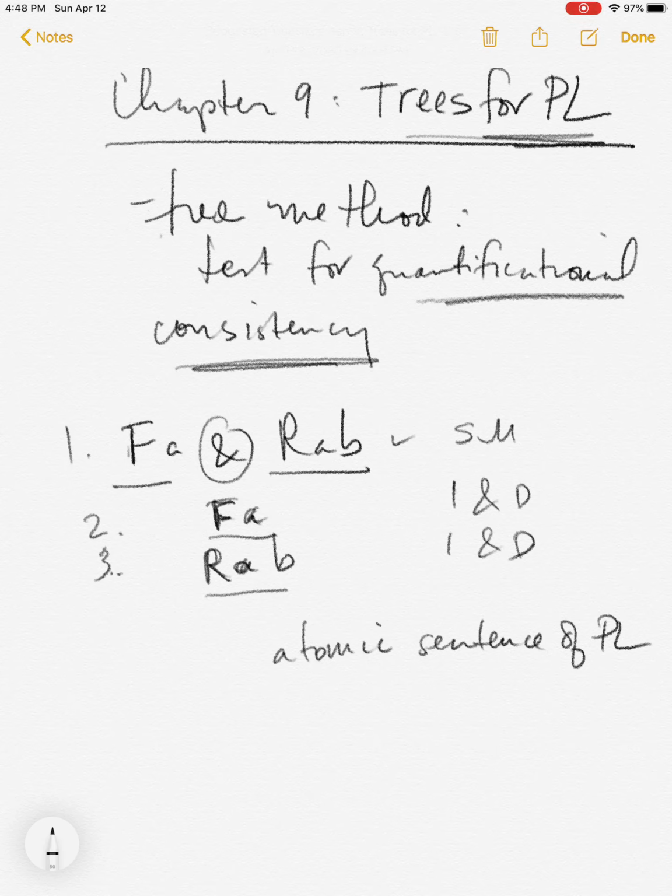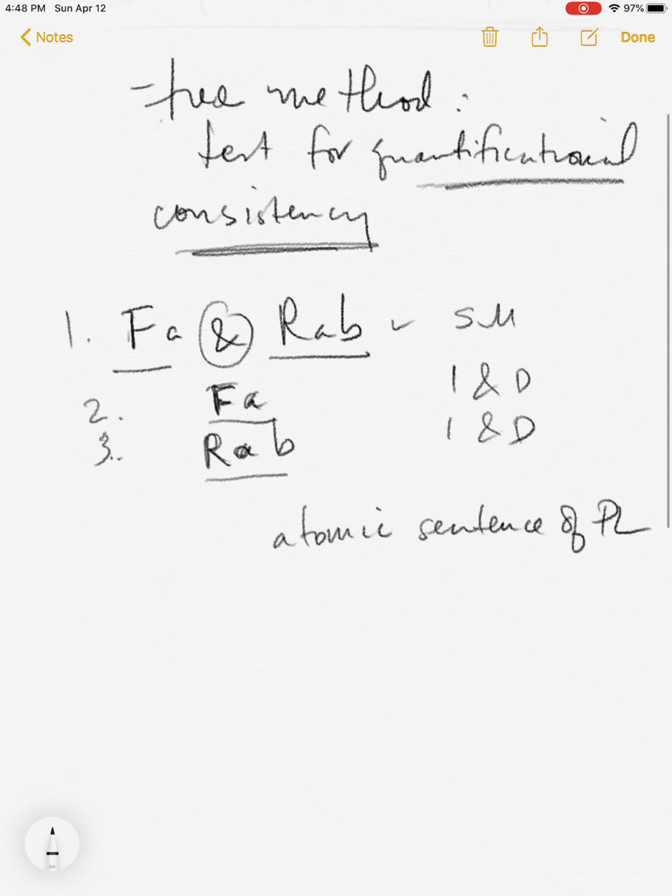Okay, so if we only had truth functional combinations of atomic sentences, then we would be all set with just the decomposition rules for truth functional connectives. So again, go back and review those.